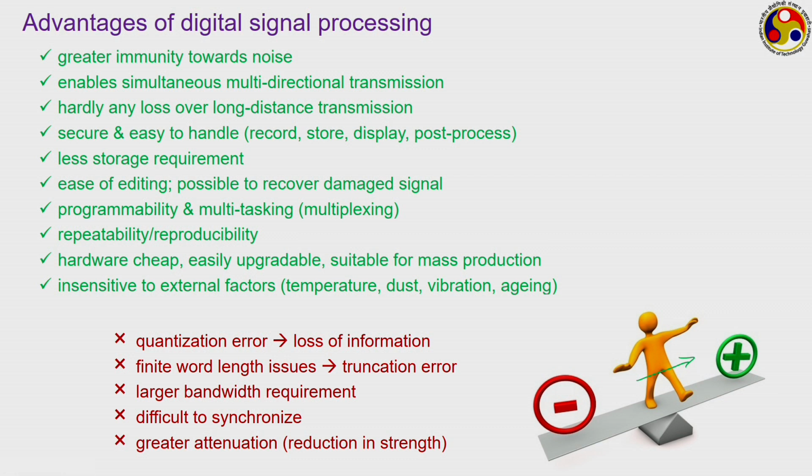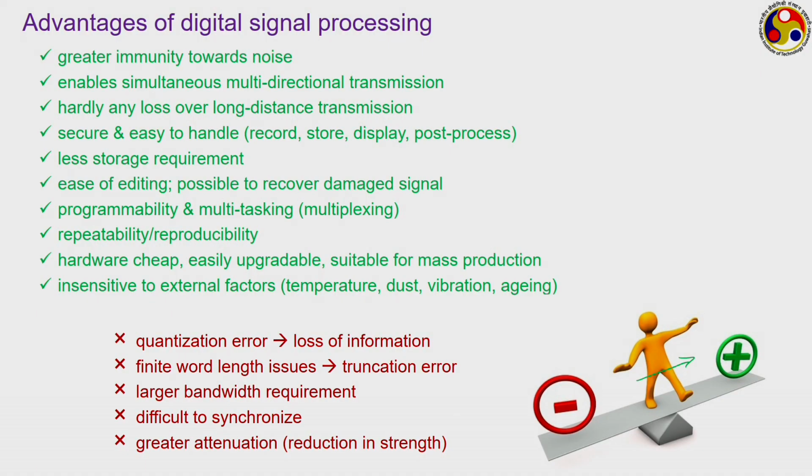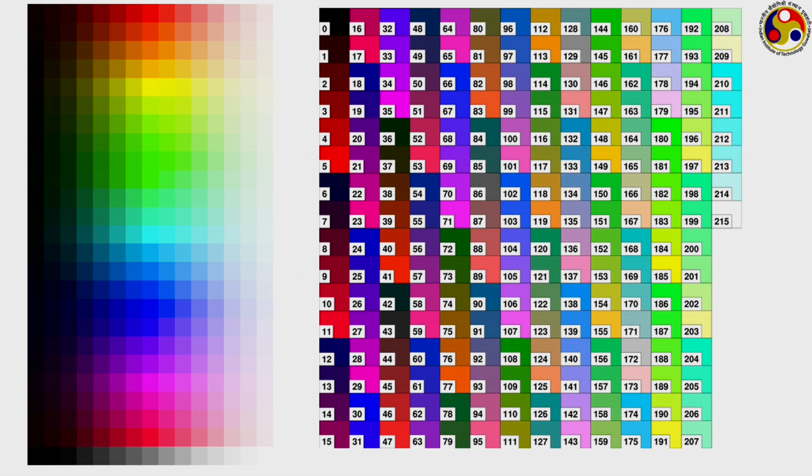Effort is on, or there are standard practices of tackling these disadvantages, means how to reduce the quantization error, how to have better synchronization or less attenuation of the stored or transmitted media. There are quite standard procedures, and newer methods are coming up every day. So hopefully these errors also will not be that significant in times to come. So let us now see some examples that we are talking about.